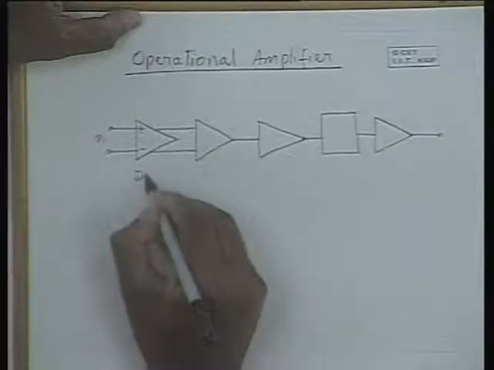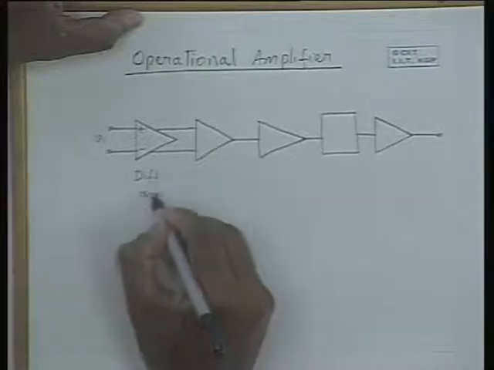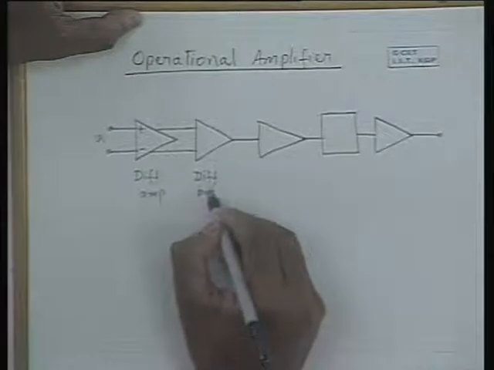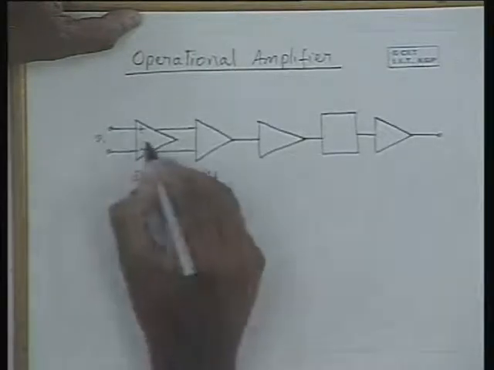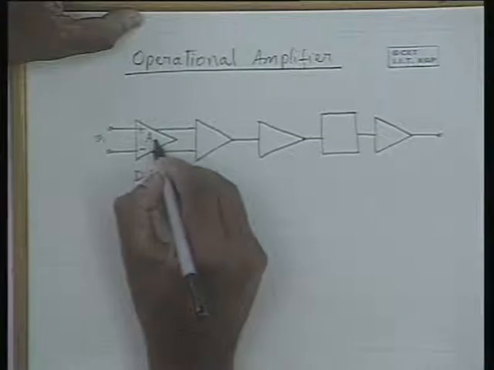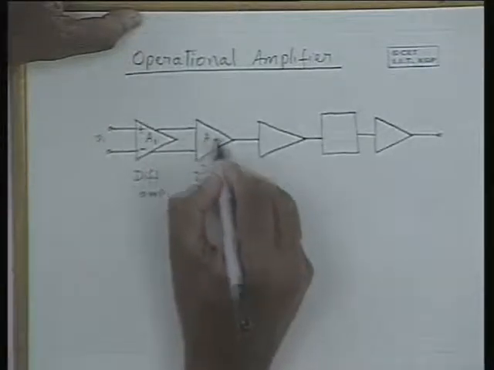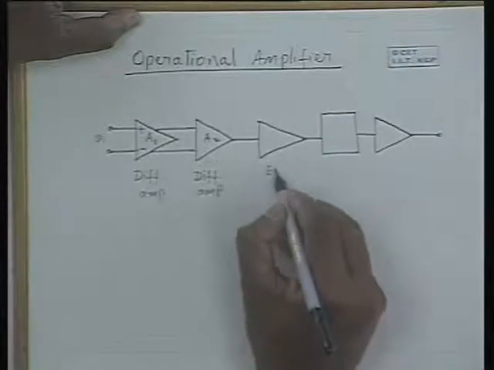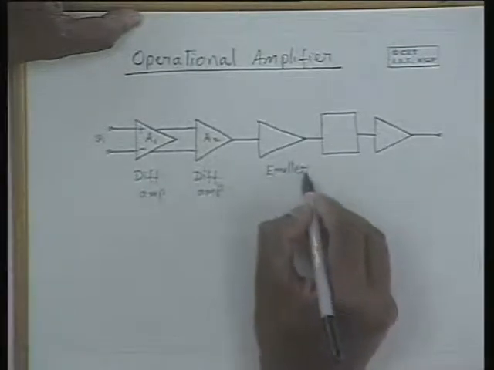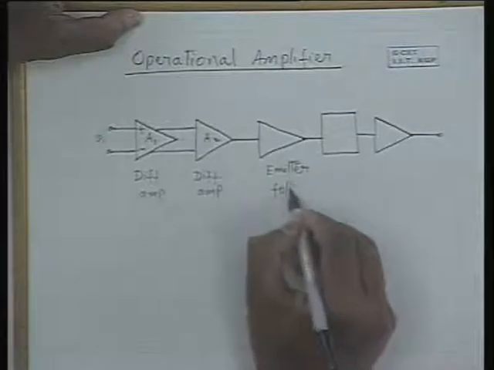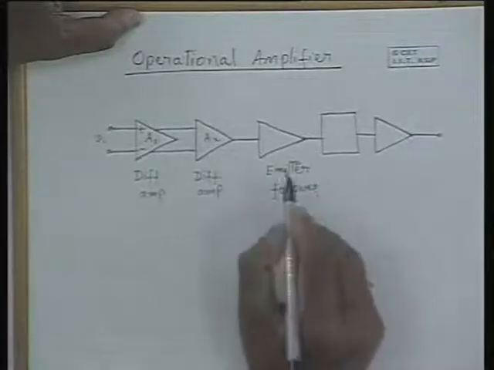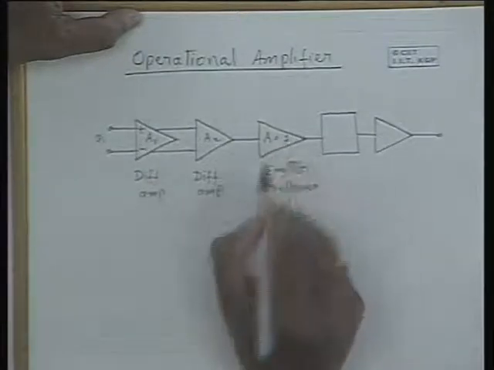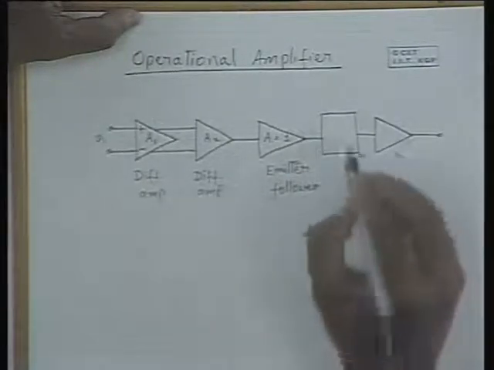So this is a differential amplifier. So this is another differential amplifier providing, say, a differential gain of A1, and this one providing a differential gain of A2, and this one is an emitter follower or a common collector amplifier circuit with gain equal to 1.